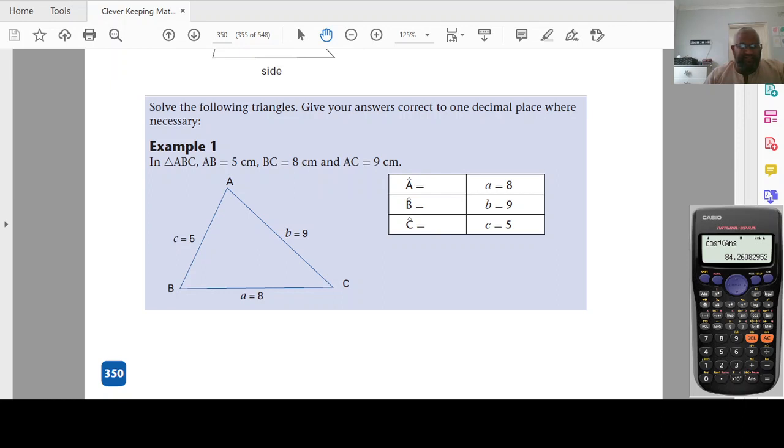So sine of A, which is unknown, over 8 equals sine of B, which is 84.3, which we calculated now, over 9, which is equal to sine C over lowercase c, which is 5. What I'm going to do is work with that, as you can see. I'm going to take the 8 up, so I'm going to have sine of A.